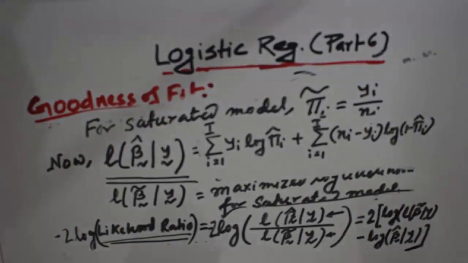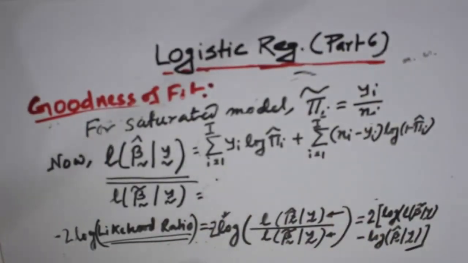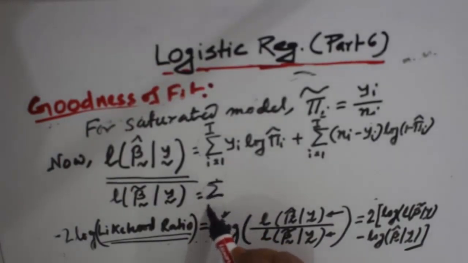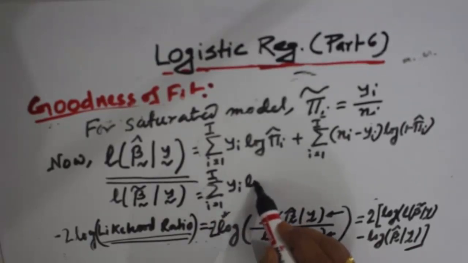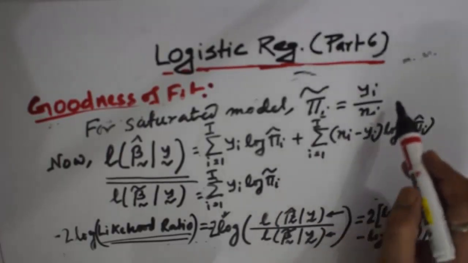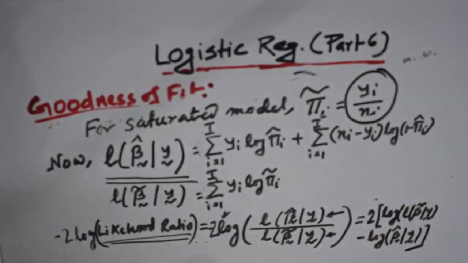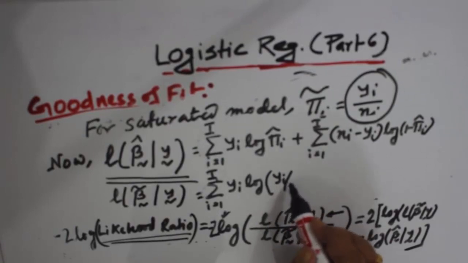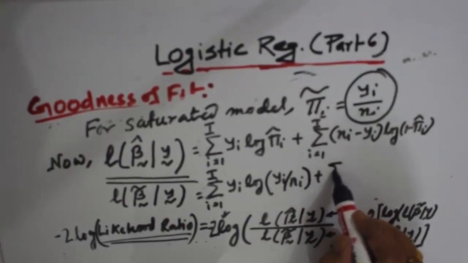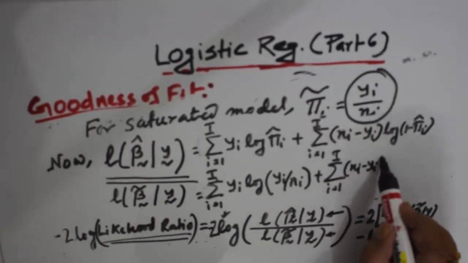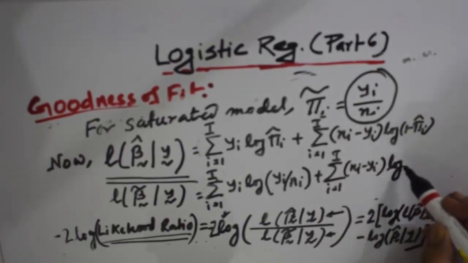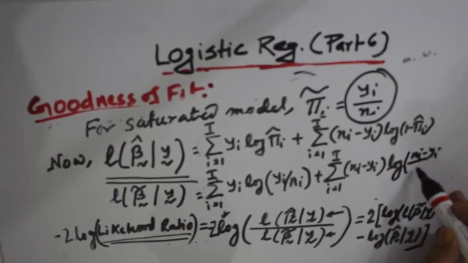And similarly, this part equals the sum over I from 1 to capital I of yi log pi I tilde, which is nothing but yi by ni, plus the sum over I of ni minus yi times log of 1 minus yi by ni, which is nothing but ni minus yi by ni.